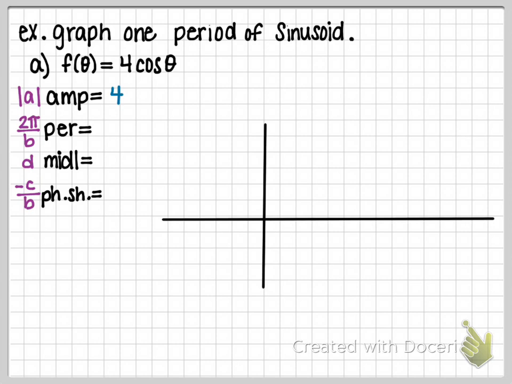The period, I have to take 2 pi and divide it by my B value. So my B value here is 1, so that means that 2 pi is going to have to be my period. Now, to find out the intervals where these major points happen of being at the midline or having a maximum or a minimum, we find the interval by taking the period and dividing by 4.